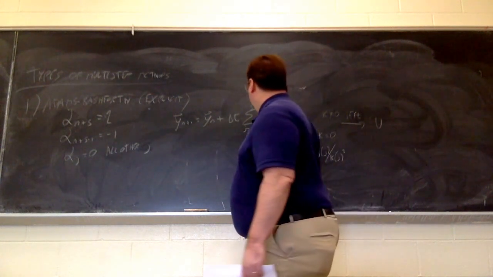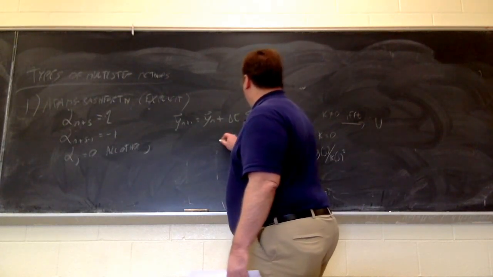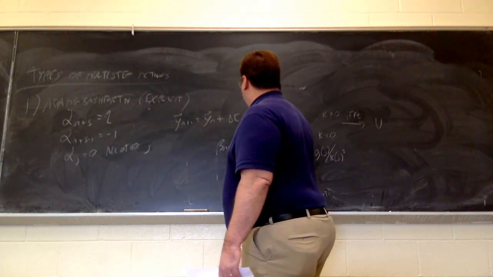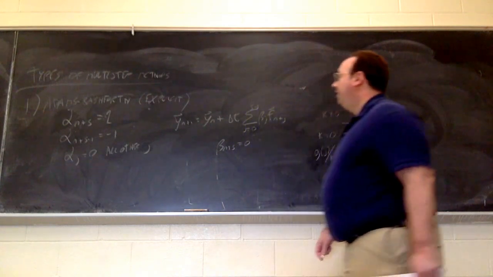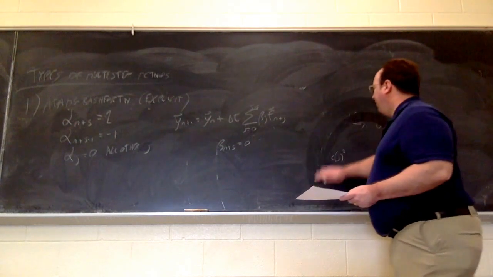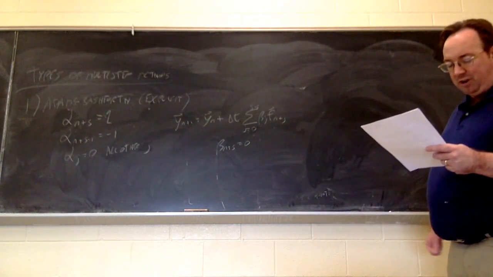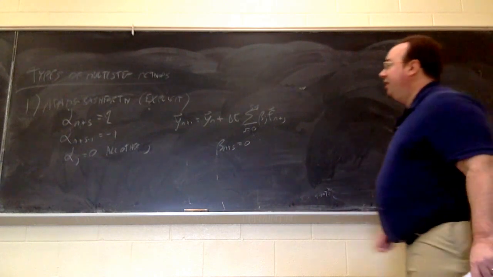So remember, the sum goes from 0 to s minus 1. So beta n plus s must be equal to 0 for it to be explicit. Explicit Euler is an example. Not only is it a Runge-Kutta method, it's also an Adams-Bashforth method, but just a one-step version.